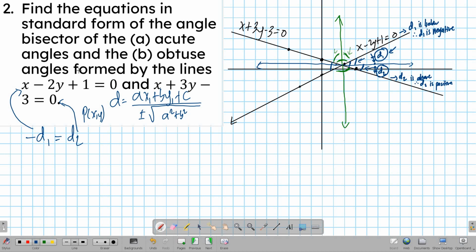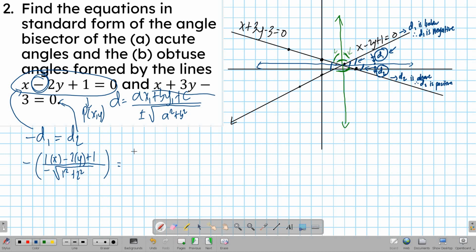Therefore, d sub 1 concerning this line and this point would be equal to negative of 1 times x minus 2 times y plus 1 all over, since this is negative here, negative square root of 1 squared plus 2 squared. And this is equal to, ito naman ngayon, d sub 2 dito naman.